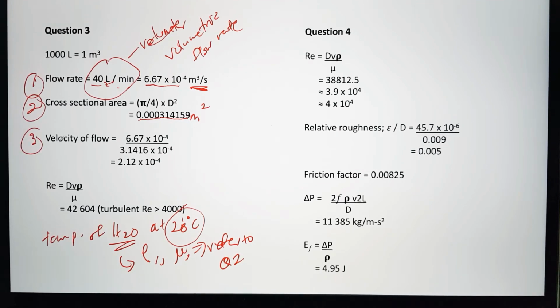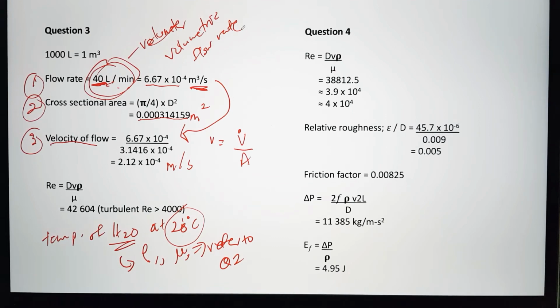The third step is to calculate the velocity of flow, because this volumetric flow rate, 40 liter per minute, is not velocity. Velocity should be given in meter per second. So you take the 6.67 times 10 to the power of -4 from the volumetric flow rate, followed by this area. The velocity is equivalent to the volumetric flow rate, denoted by capital V with a dot on top, divided by the area.